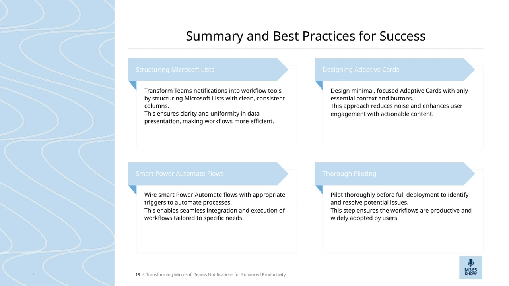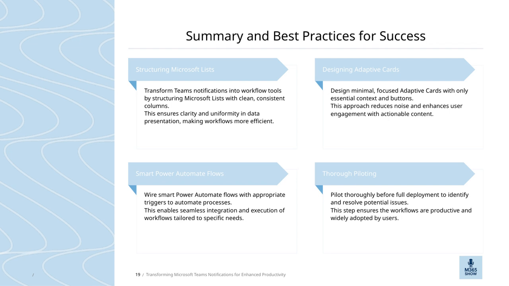Next, when designing your Power Automate flows, aim to wire smart flows with the right triggers. This automation allows processes to run seamlessly and tailored to your specific needs, making everything more efficient. Another key point is designing minimal and focused adaptive cards. Keep only the essential information and actions, which helps reduce clutter and keeps users engaged with actionable content.